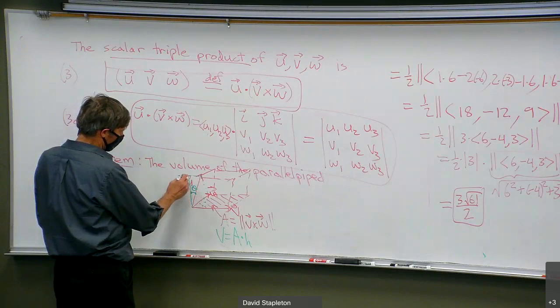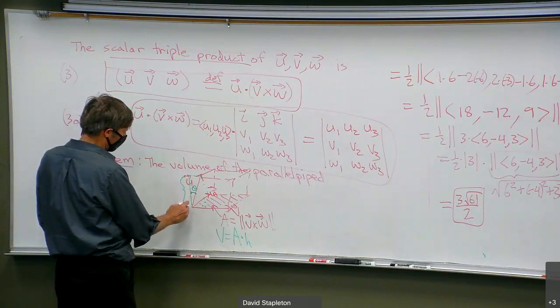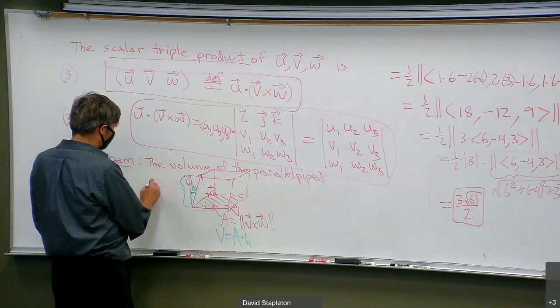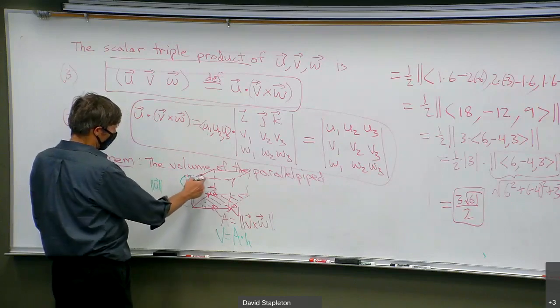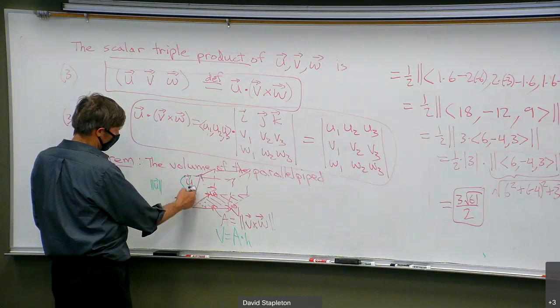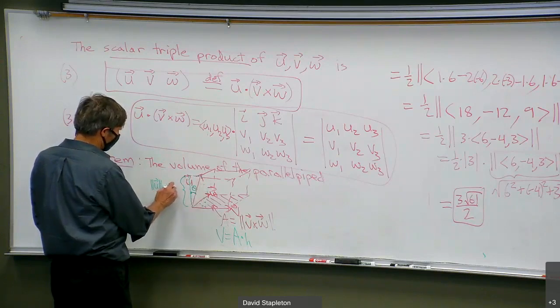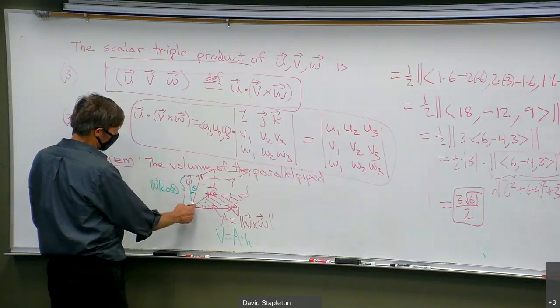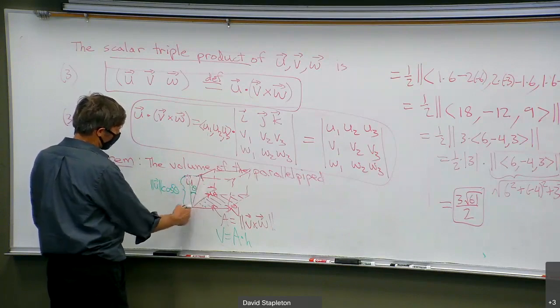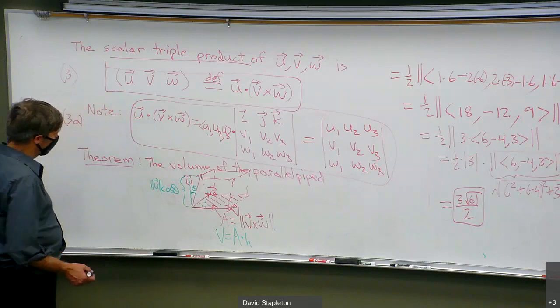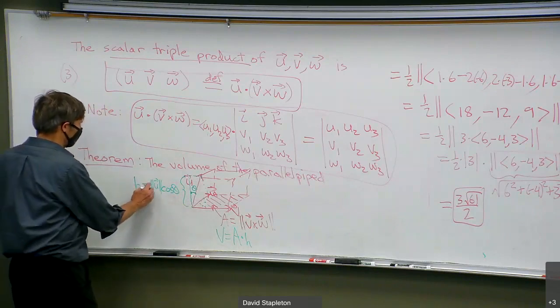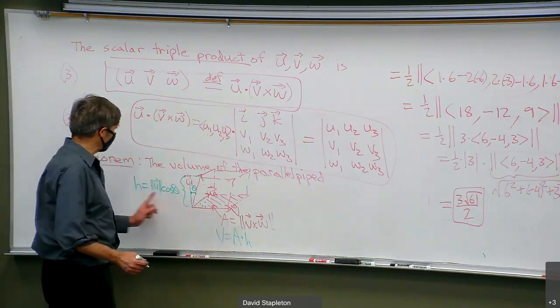And then what is the length of this side? This is the length of u, the hypotenuse, times the cosine of theta, right? This is the adjacent side of theta. The length of u cosine theta, by trigonometry, is the length of the side, so that this over this is cosine of theta. That's h. So the area of the base is this, the height is this.